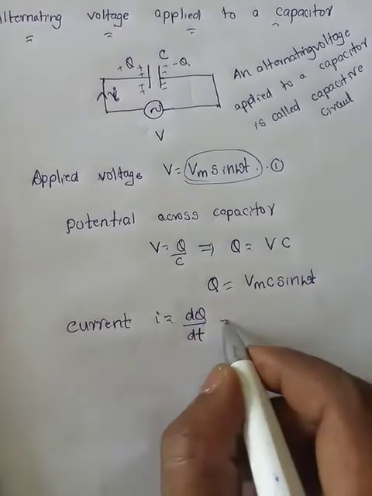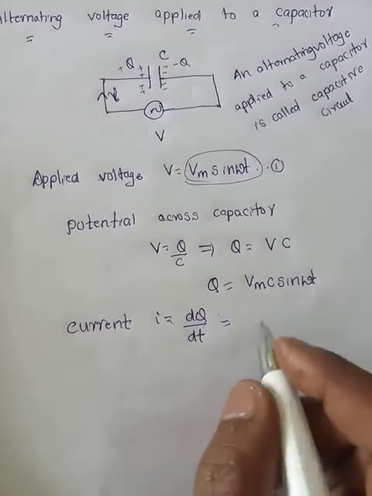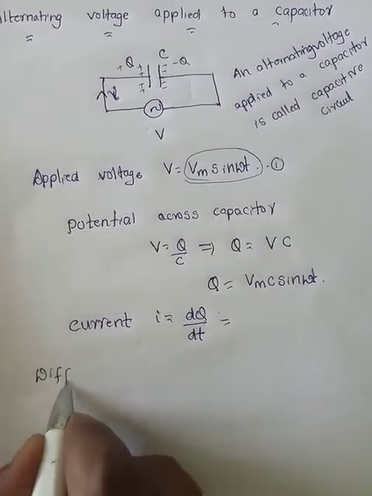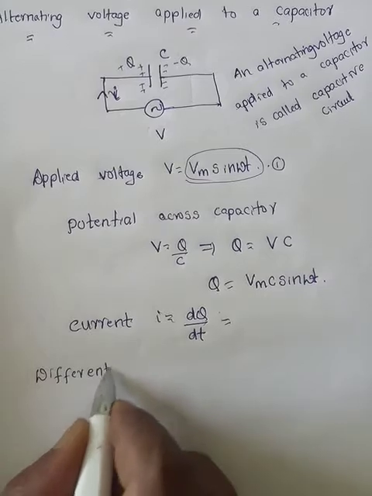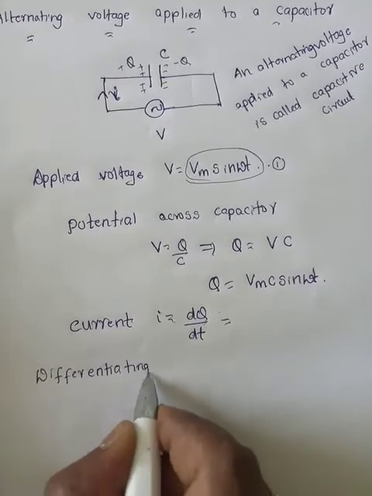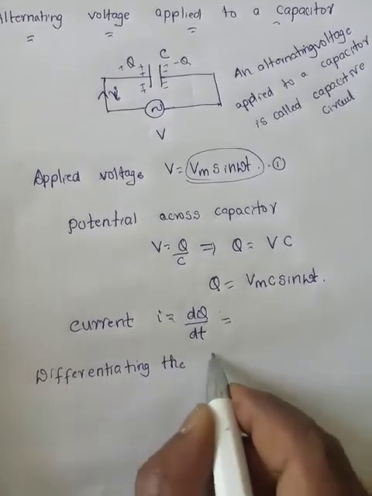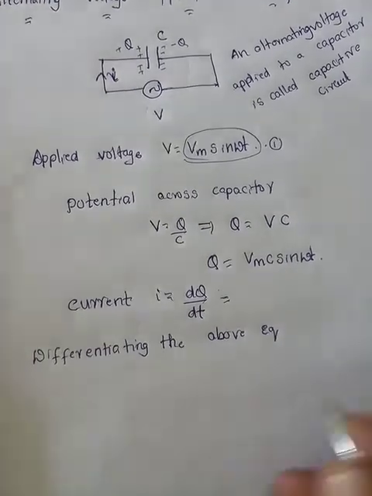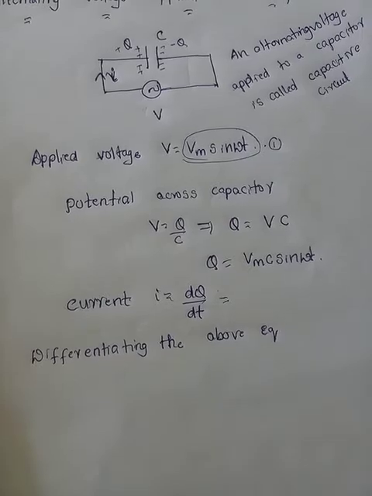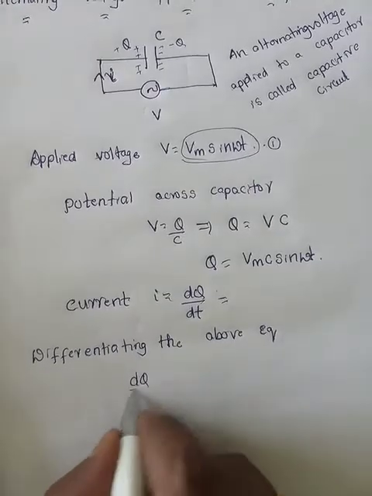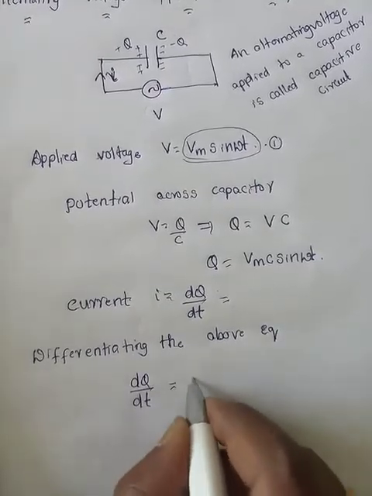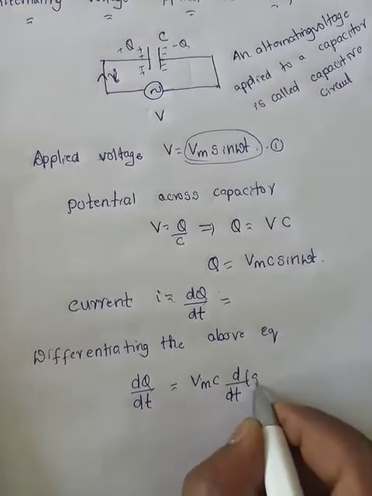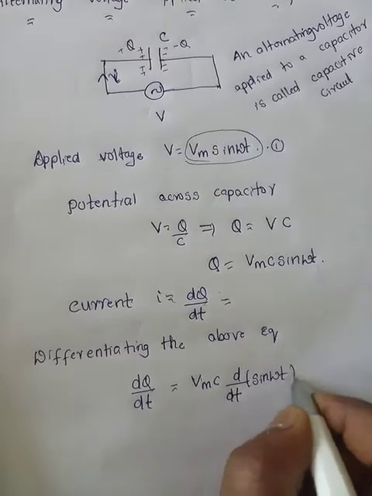Differentiating the above equation, what do you get? dq by dt is equal to Vm C, C is constant, d by dt of sin omega t.